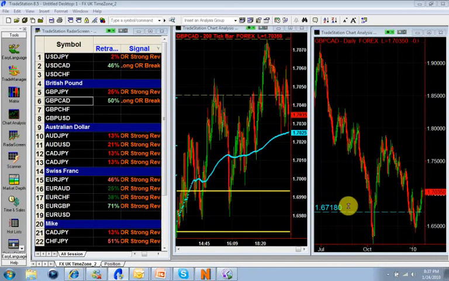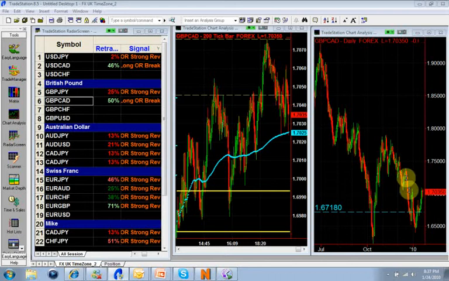This is the pound CAD, and remember we're talking about two weak currencies. We're looking at the pound, which is weak, and we're also looking at the Canadian, which is reasonably weak because of the liquidation that's coming into the commodities.